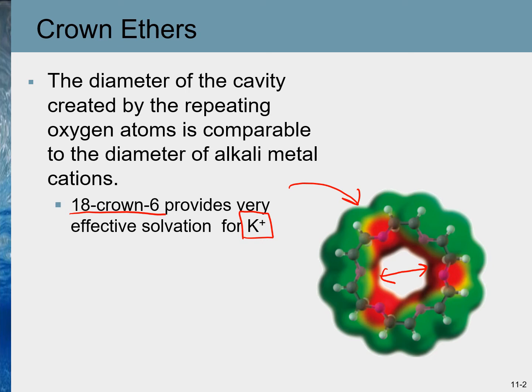So when a potassium ion is inserted into the cavity of 18-crown-6, the unshared electron pairs of the 6 oxygens of the crown ether are close enough to the potassium ion to provide very effective solvation of the potassium ion.